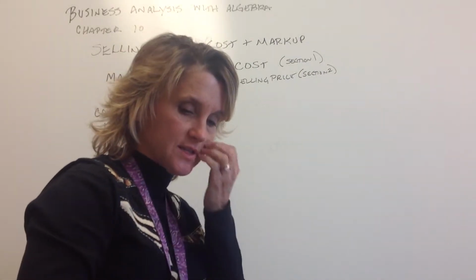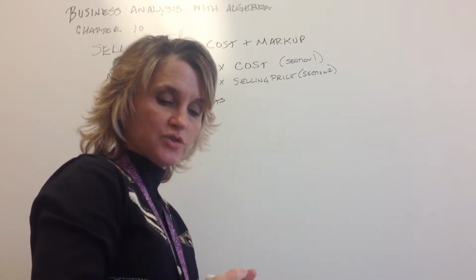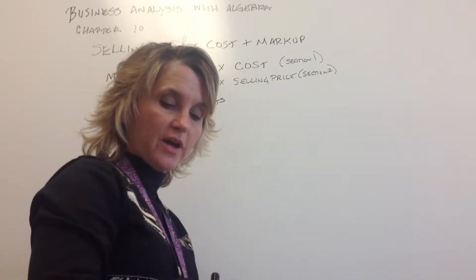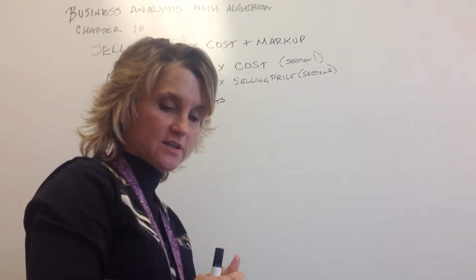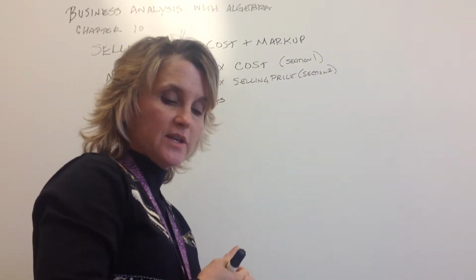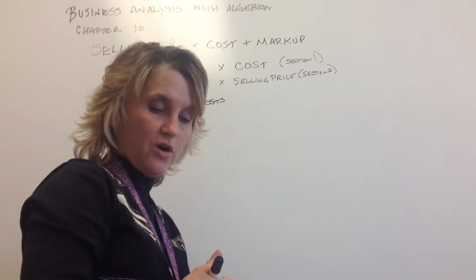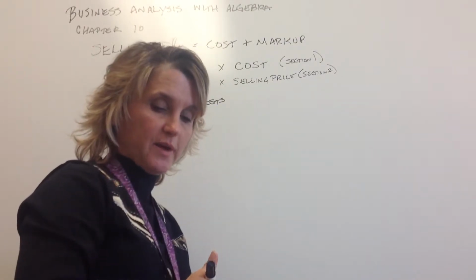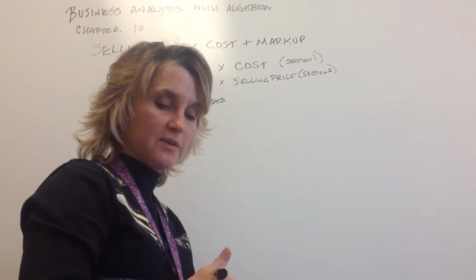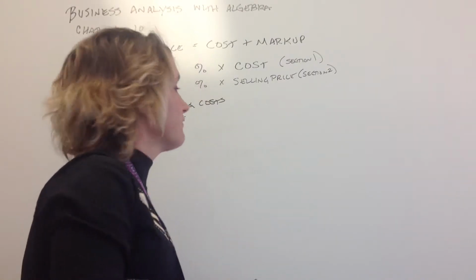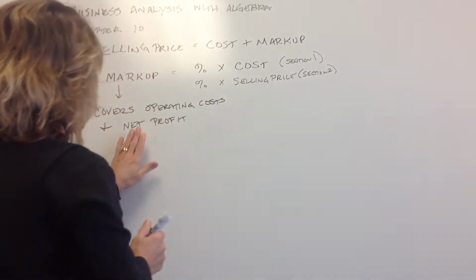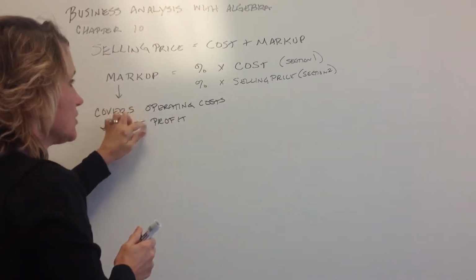So say, for instance, we have a discount store that purchased amplified cordless phones at a cost of $576. If it needs 20% of cost to cover the operating expenses and 15% of cost for net profit, what is the selling price of that phone? So again, both of those percentages have to be covered.